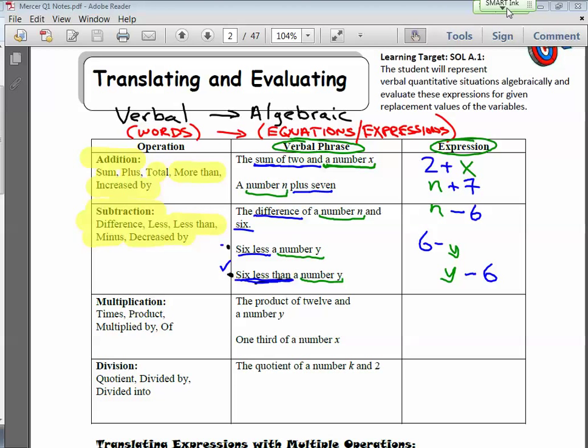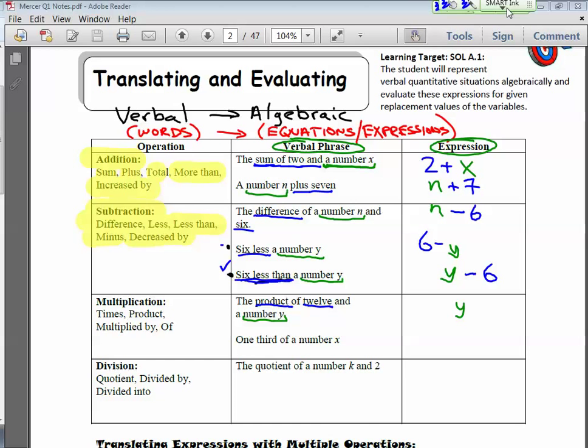Okay, so our keywords for multiplication are times, product, multiplied by, or of. And let's look at those. The product of 12 and a number y. So I got my number y, or my variable y. Since it's talking about product, I know that's multiplication, and so I'm multiplying by 12.